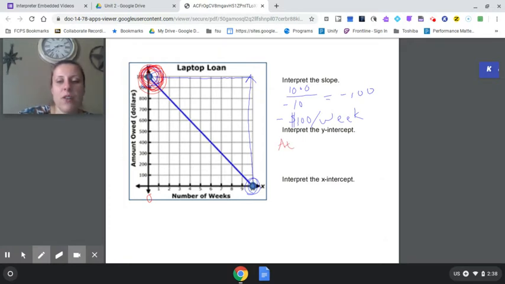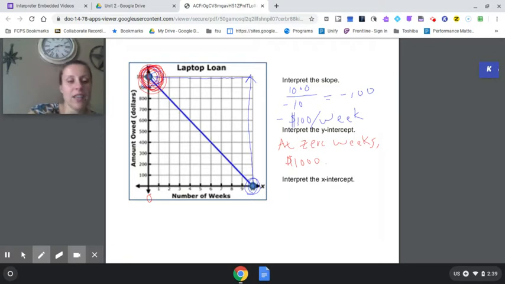At 0 weeks, the amount owed is $1,000. So that's like the initial loan amount. So we're taking out the loan for $1,000 and we're going to, again, start to make payments. But when we initially take that loan out, we owe $1,000.